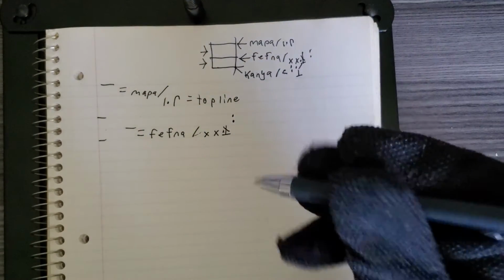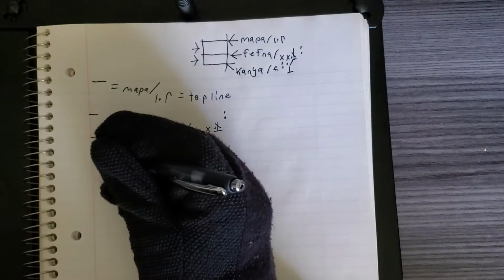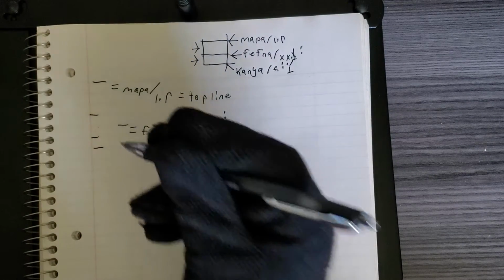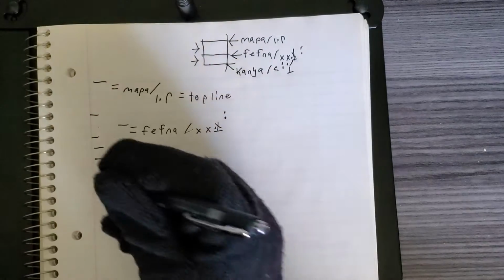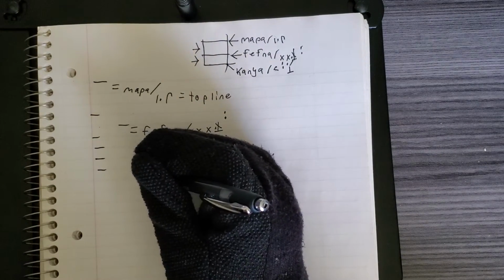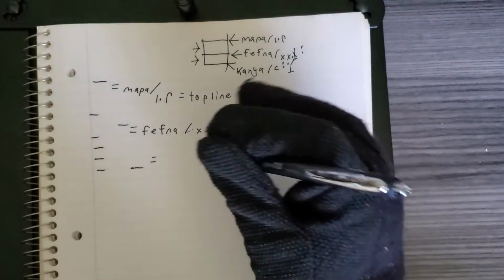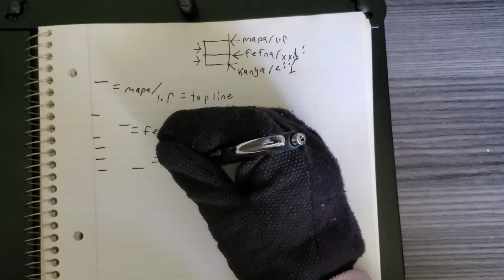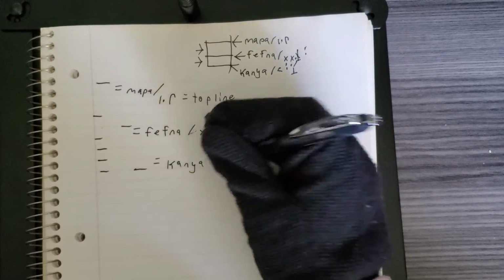Alright, and then with the same diagram that we have here, we're going to imagine that this right here is the top line. This would be the mapa. And this middle line here would be the fefna. So this bottom line is the one we're going to be using now. This bottom line equals kanya.